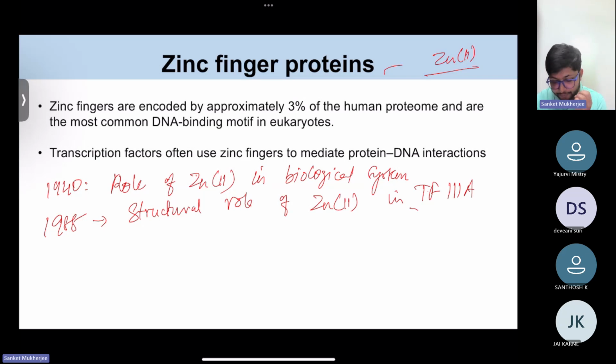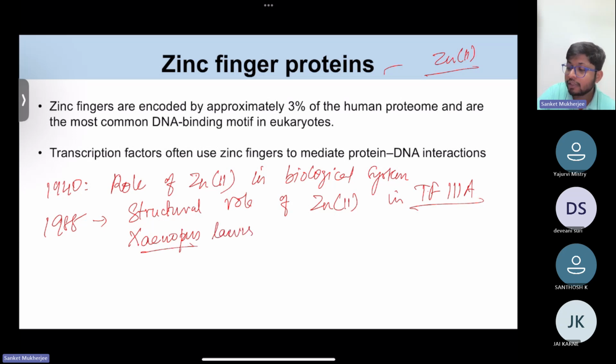This was from a clawed African frog called Xenopus laevis. You must have read about it earlier also. From this frog, they isolated the transcription factor and found that zinc is involved.